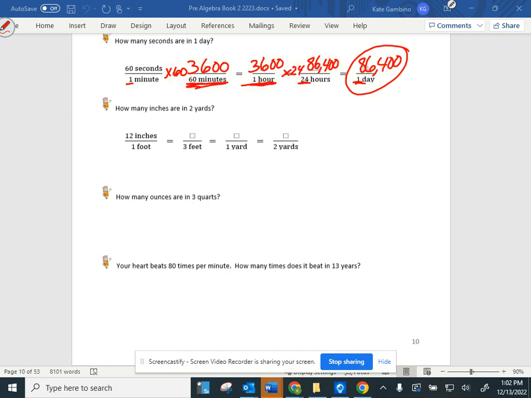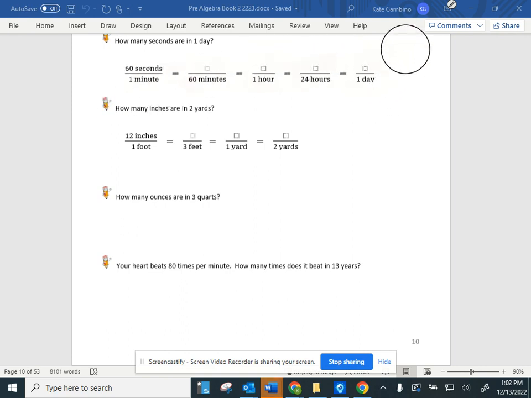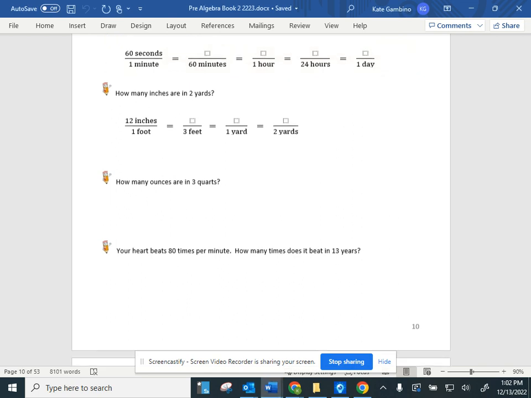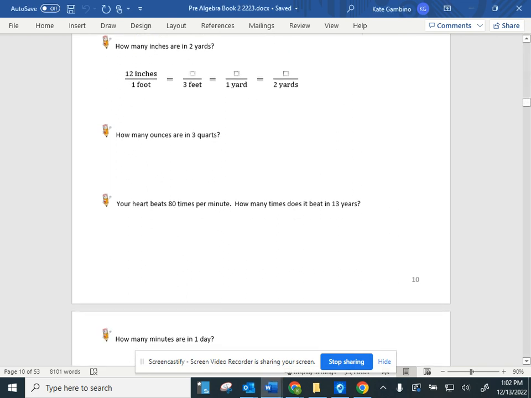So now let's look at how many inches are in a yard. What do I have to do? How many inches are in a yard? So I know 12 inches is 1 foot. So now I need to go from 1 foot to 3 feet. What math am I doing?